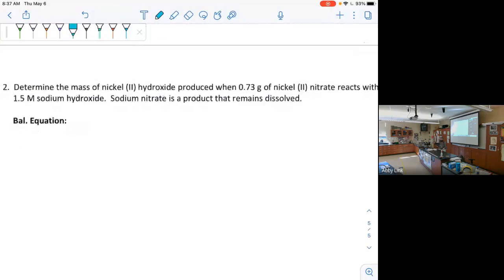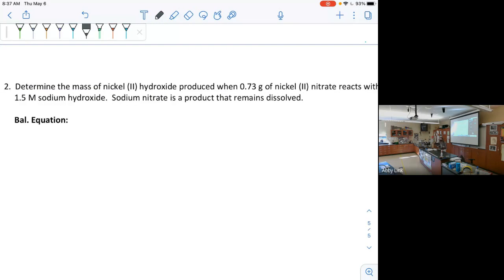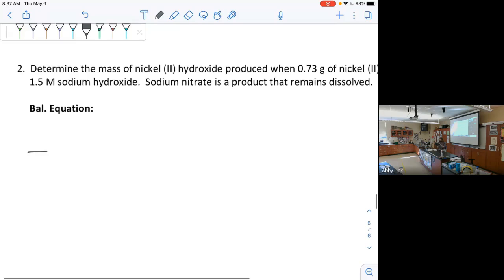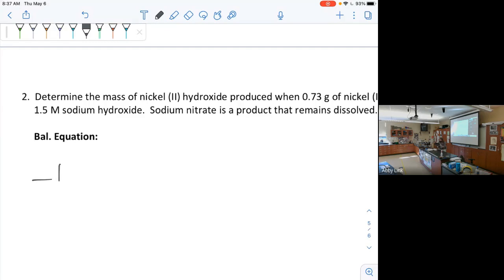All right, so first things first, let's write out this reaction. So we've got nickel 2 nitrate, Ni(NO3)2. And they're saying that that is reacting with sodium hydroxide, so that's NaOH.